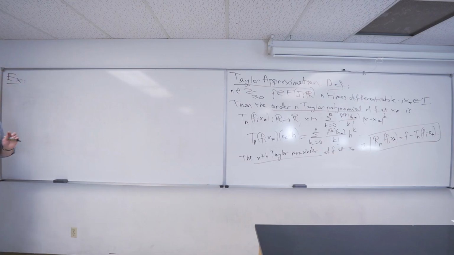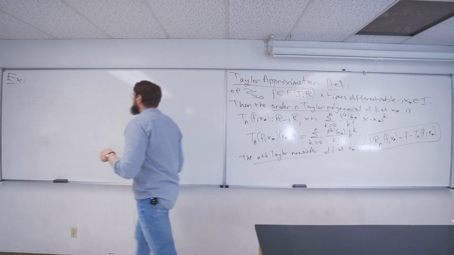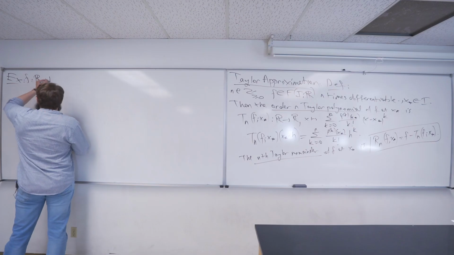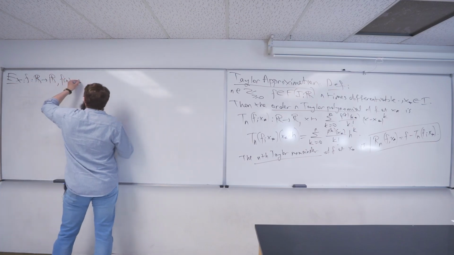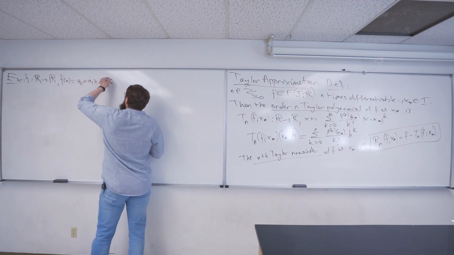Okay, let's choose lowercase f to be a degree 2 polynomial that is arbitrary. So a0 plus a1x plus a2x squared.